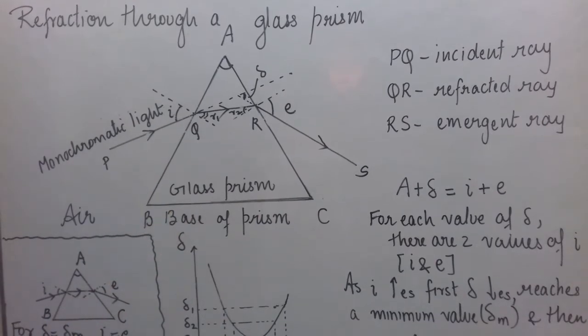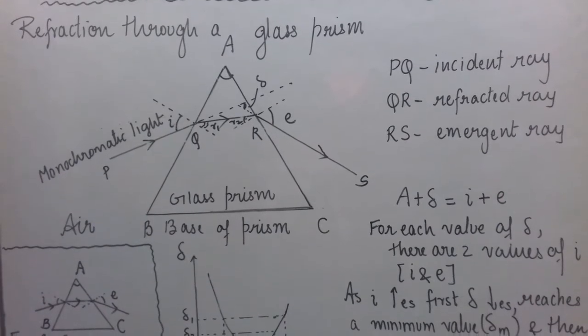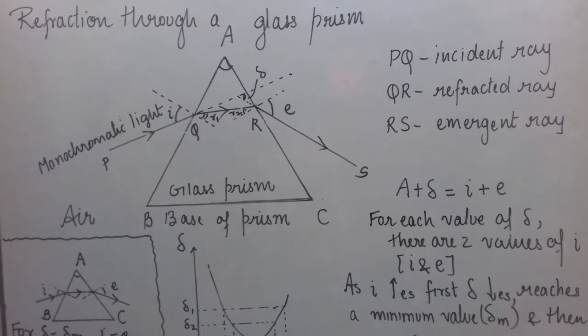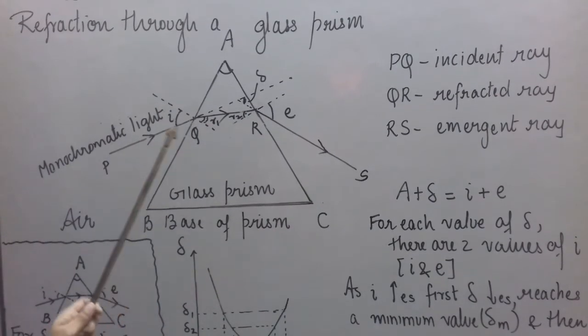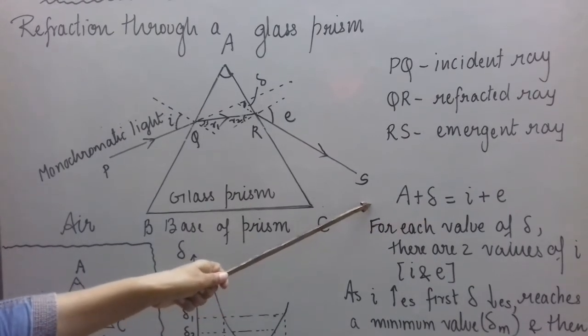Remember, when we did refraction through a glass slab, we had one relation: I is always equal to E. The angle of incidence is always equal to the angle of emergence. But here, I and E have this relation which is always true.